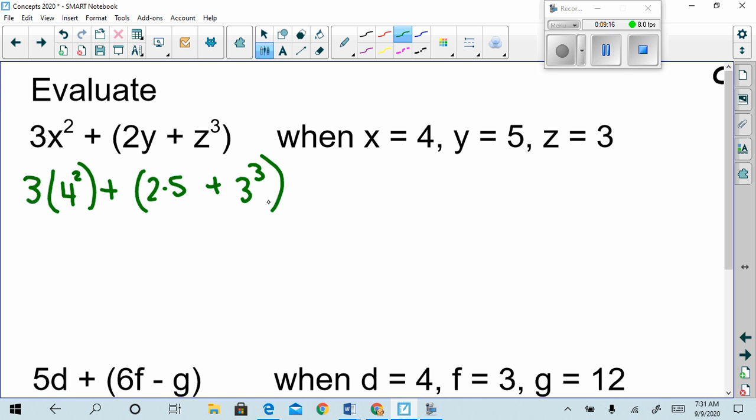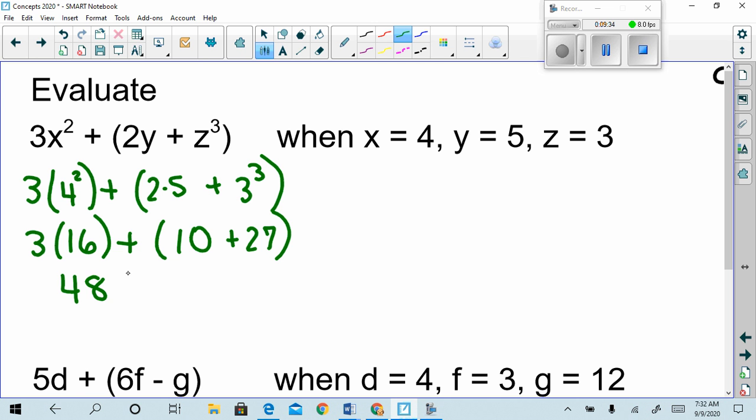There's a lot happening here. Okay, so I have 3 times 16 plus 2 times 5 is 10. 3 cubed is 27. 3 times 16, 48. This is going to give me a 37. Add these two together, and that's going to give me 85.